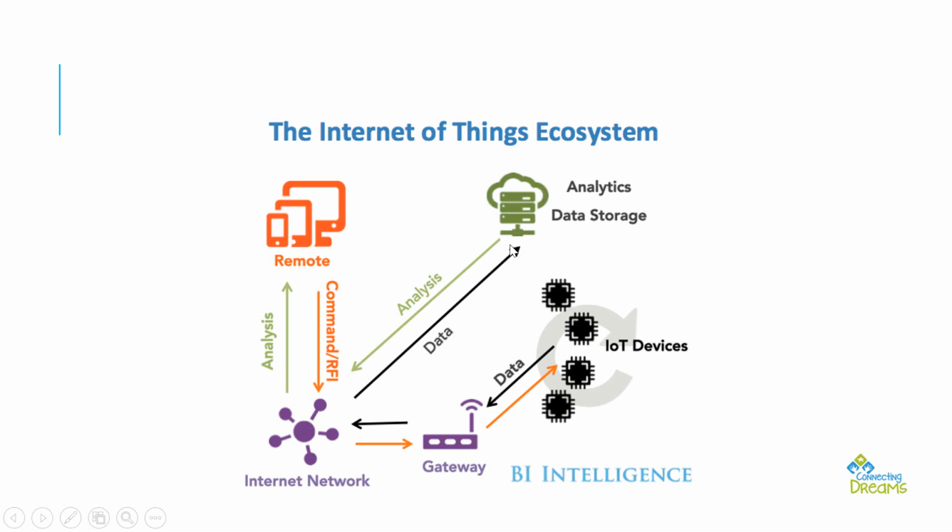Here we are trying to send the same data to the remote servers where it can be monitored, observed and predicted based upon the incoming data. Notice we have bidirectional communication between the gateway and the remote servers or the data storage, so that with the help of whatever analysis has been done on that data, some predictive actions could be taken which can help the society in general.